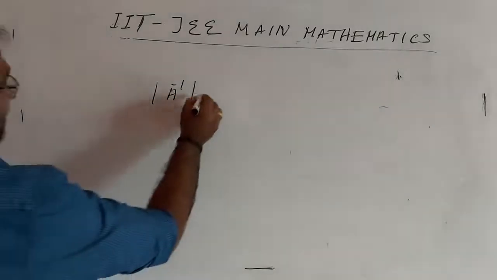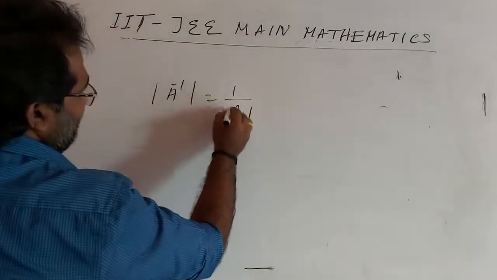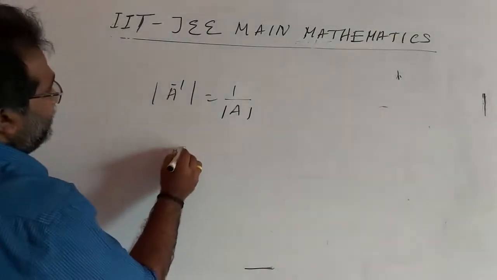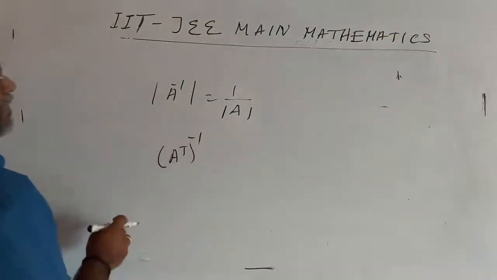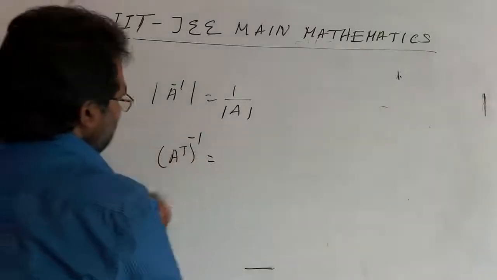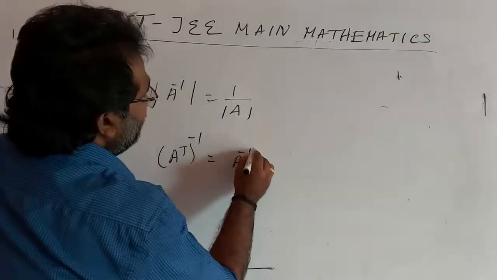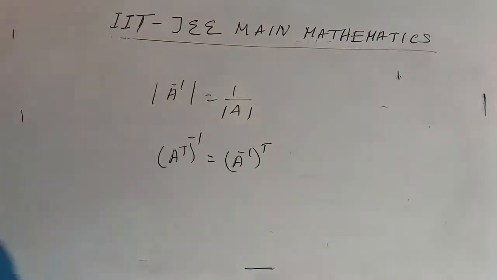Determinant of A inverse equal to 1 by determinant A. Inverse of A transpose equal to transpose of A inverse.